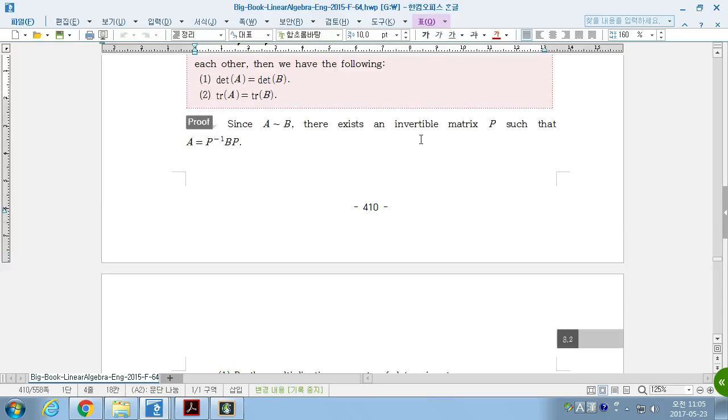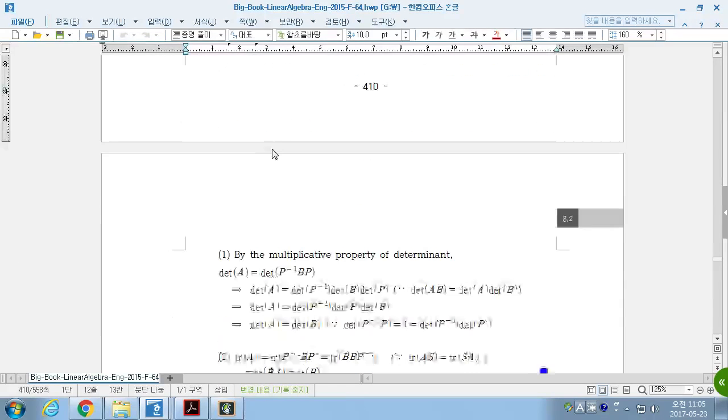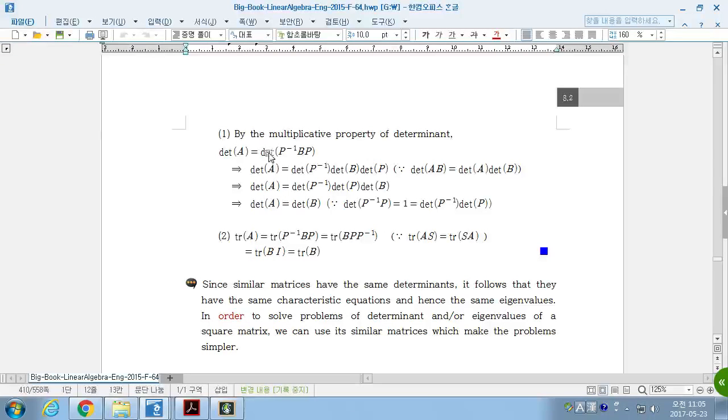Because if A is similar to B, then there is an invertible matrix P such that A is equal to P inverse B P. So the determinant of A is the same as the determinant of P inverse B P. But determinant is multiplicative, so we can split it like this. Since these are scalars, you can change the order and move this to here.